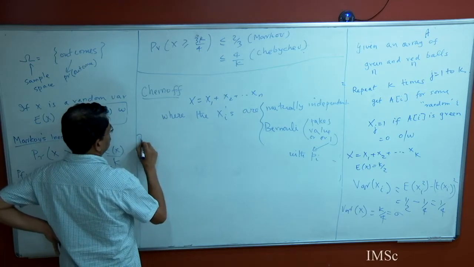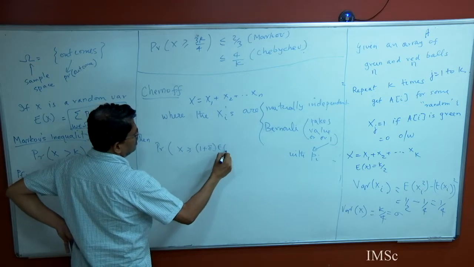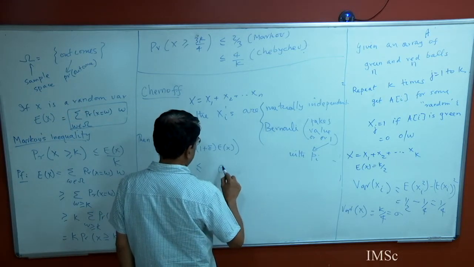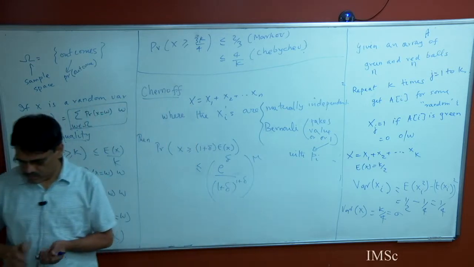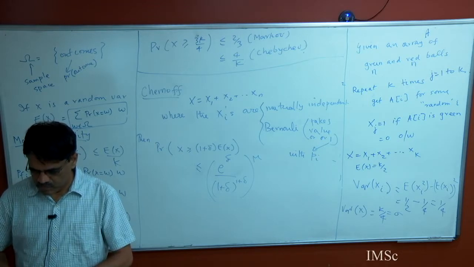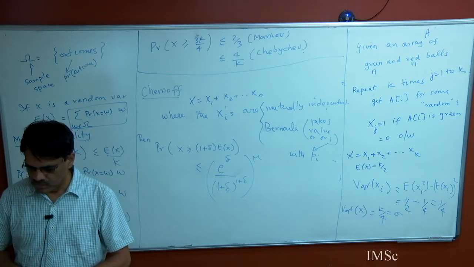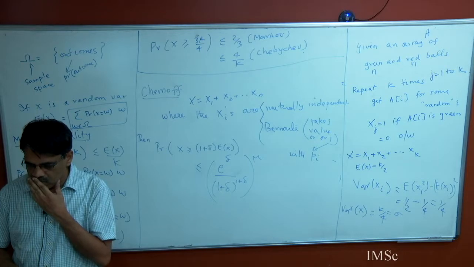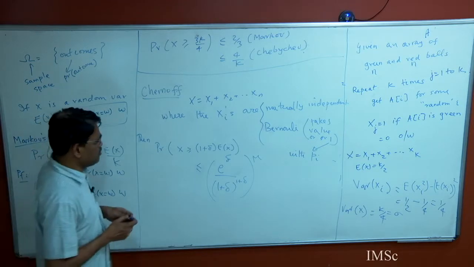Then for these kinds of random variables, probability that x is greater than or equal to 1 plus delta times expectation is less than or equal to e power delta by 1 plus delta power 1 plus delta, all raised to mu, for any positive parameter delta.